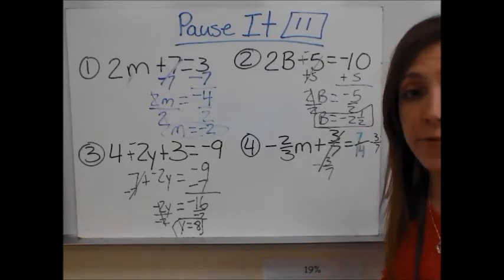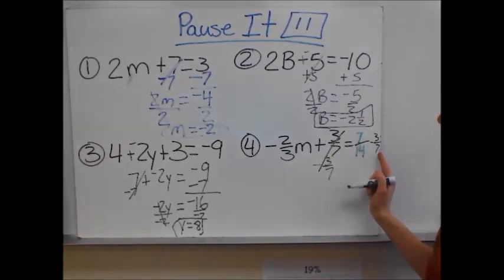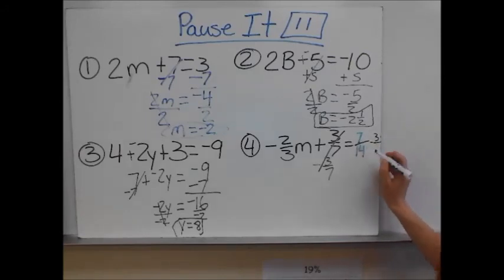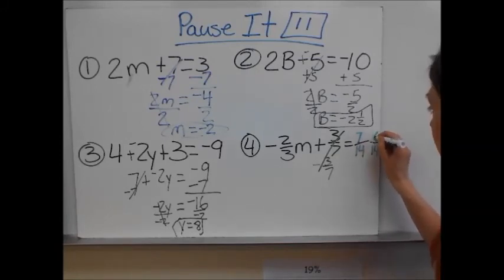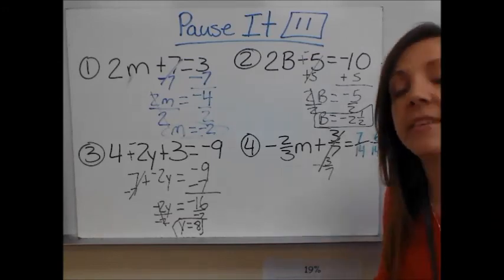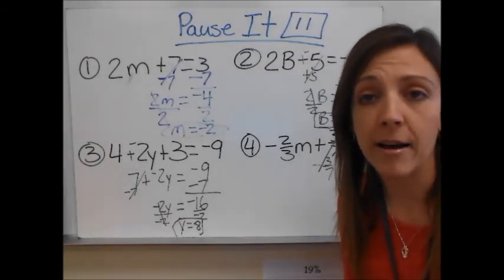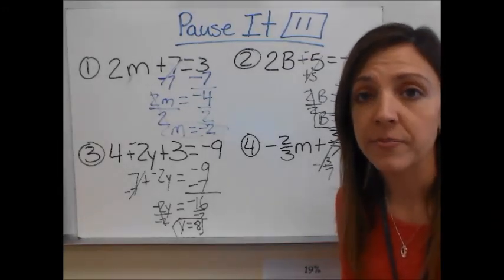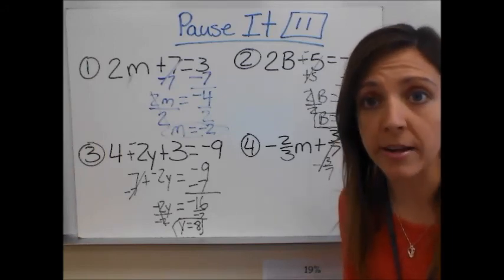So my new fraction is 7/14. Now, I have to multiply 3/7 by 2/2 to change my denominator to a 14. So 2 times 7 is 14. 2 times 3 is 6. So I have 7/14 minus 6/14 is my new equation. So 7 minus 6 is 1/14.